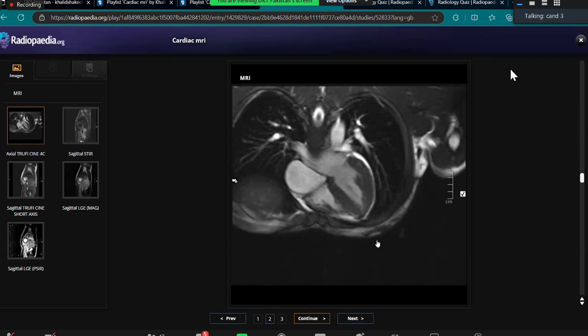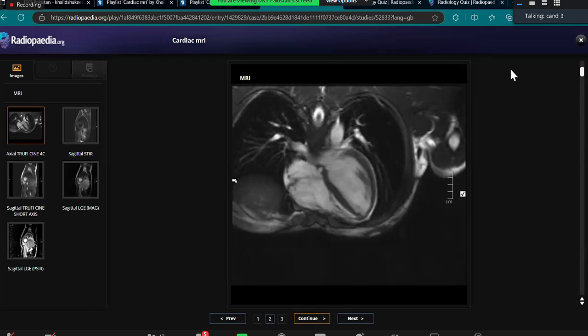First of all, sir, I'm not a practicing cardiac MR radiologist, so apologies if my terminology is not right. I think this is white blood MR imaging, and here we can see the four cardiac chamber view. On this view, I can see that the left ventricular wall appears normal.